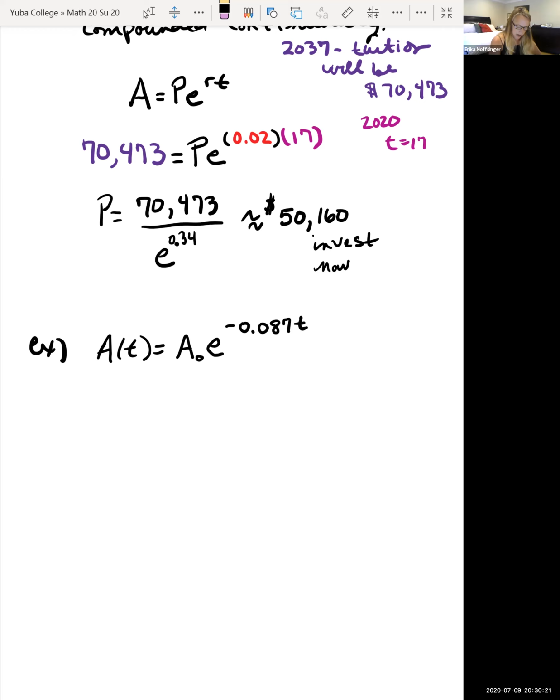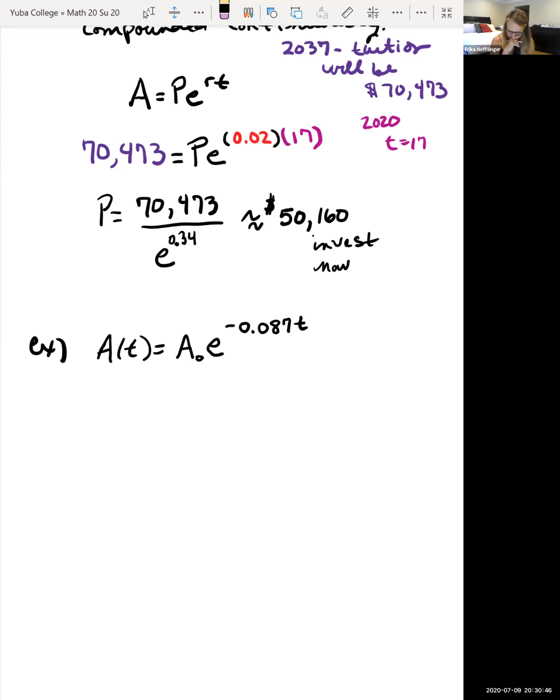Okay, let me just go back. So this is a radioactive material that decays according to this function A of t, where A sub 0 is the initial amount present, and A is the amount present at time t in days. Assume that the scientist has a sample of 100 grams of iodine 131. What is the decay rate of the iodine 131?